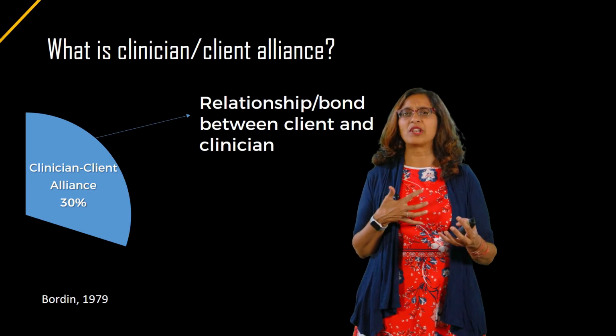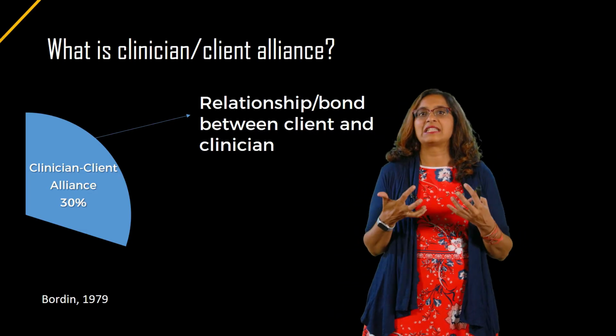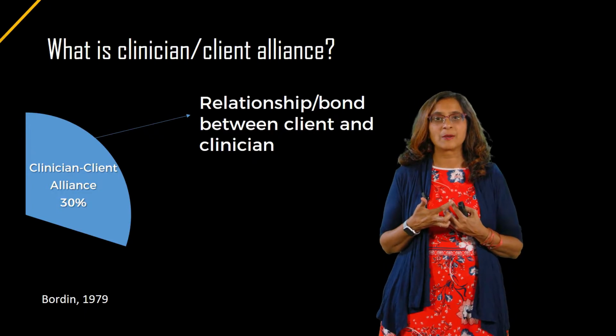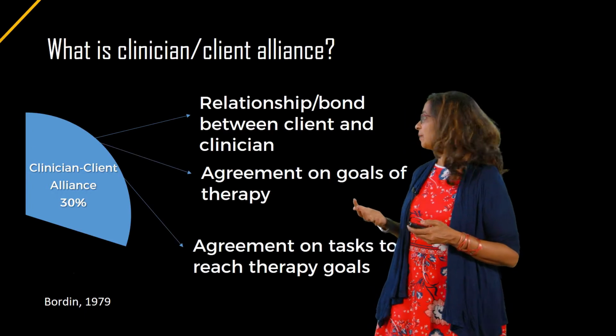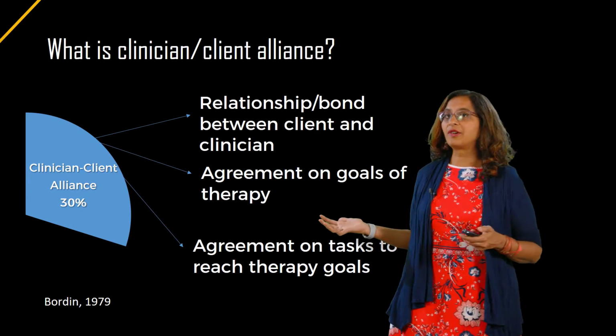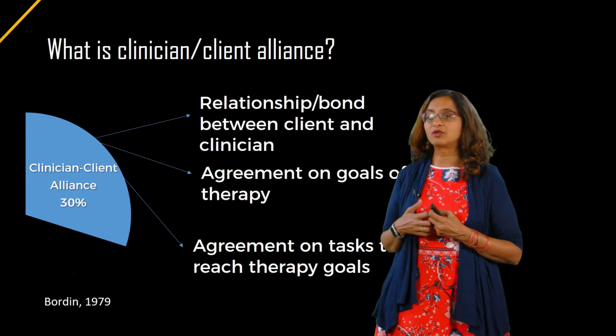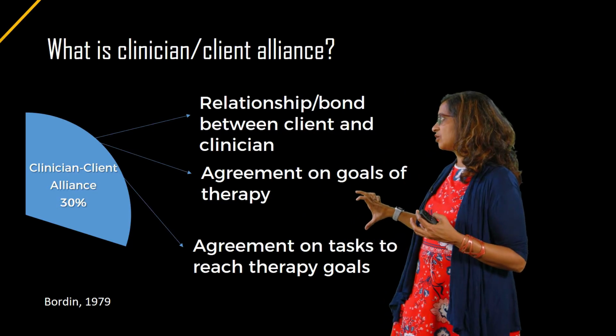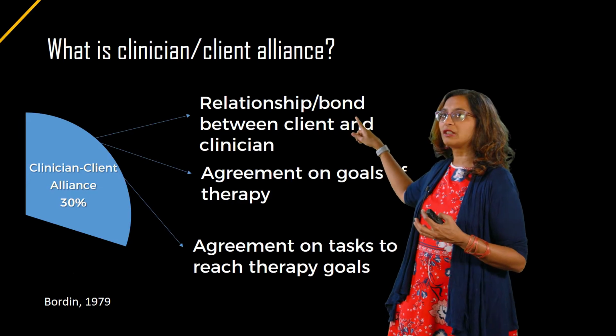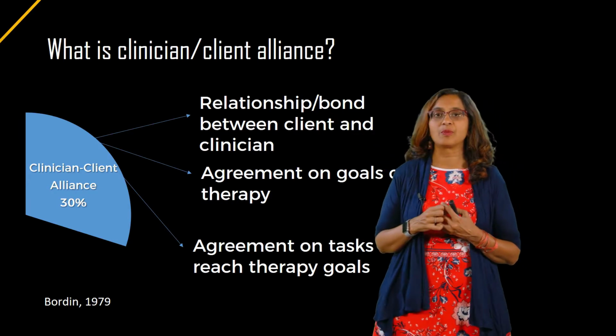Is it something that someone has and just has an instinctive ability to build relationships? The other 2 parts of the definition, which are agreement on the goals of therapy and agreement on the tasks used to reach those goals, are more teachable. So we'll focus on these 2 aspects in today's module, and in the next module, I'll talk a little bit more about the relationship or bond.